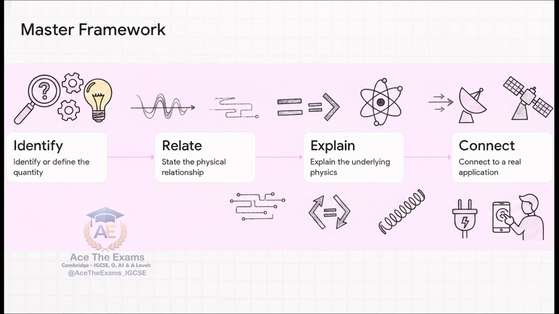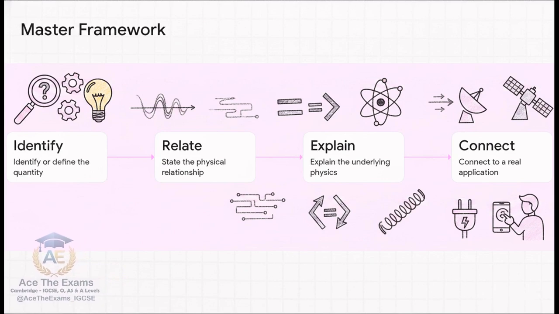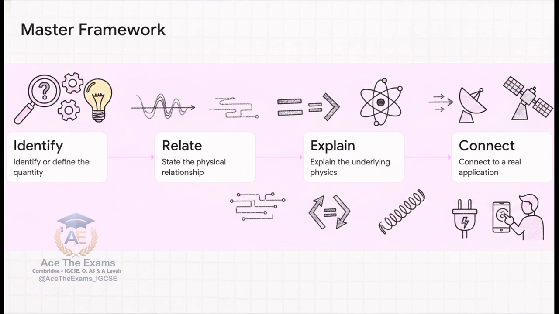Why does this relationship even exist? What's physically happening? And finally, Step 4. Connect it to an observation, an experiment, or a practical application. The absolute best IGCSE-style answers show both deep theoretical understanding and practical application. If you stitch these four steps together every time, you are creating a masterpiece that examiners will literally love to grade.